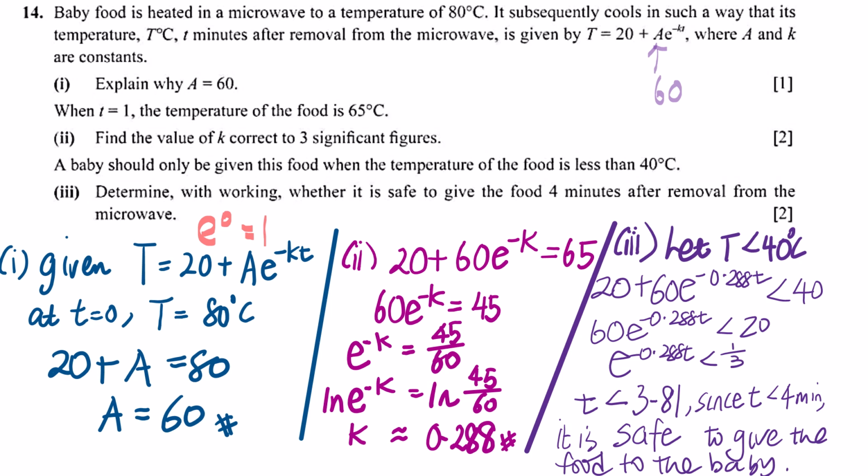So what we have calculated here is t is less than 3.81, so it could be 3.80. And since 3.80 is less than 4 minutes, therefore it is safe to give the food to the baby 4 minutes after removal from the microwave.